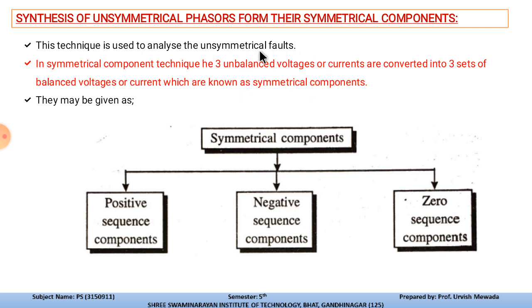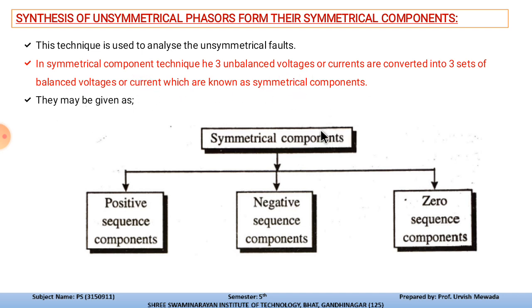If any kind of fault occurs, such as a short circuit or load imbalance, then the three phases will take different amounts of voltage and current, which is called unbalancing. These unbalanced voltages or currents are converted into three sets of balanced voltages or currents, known as the symmetrical components.